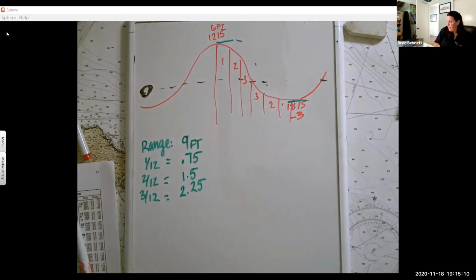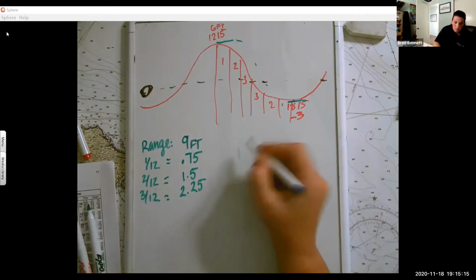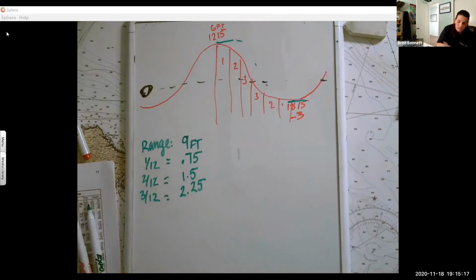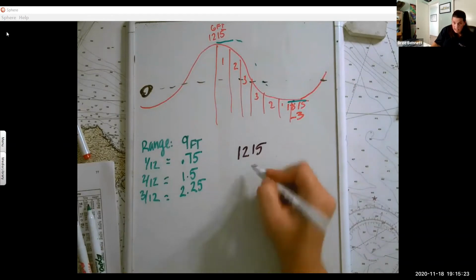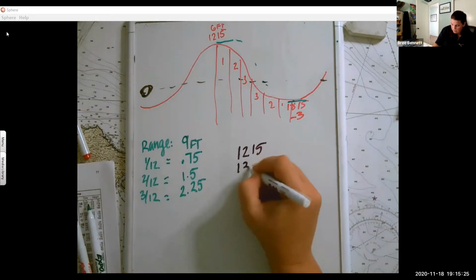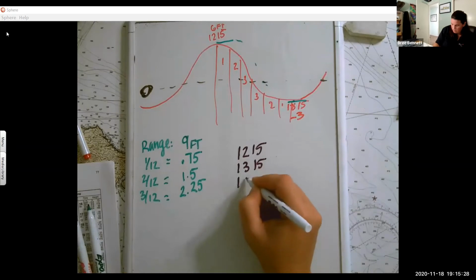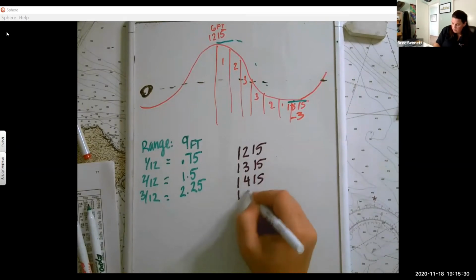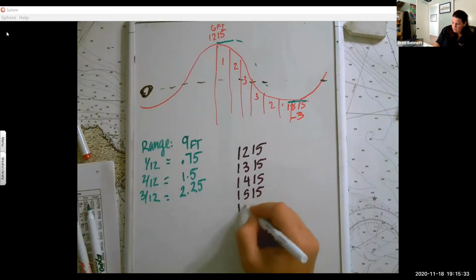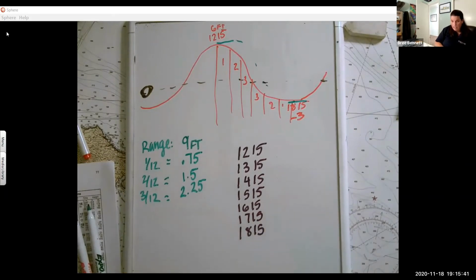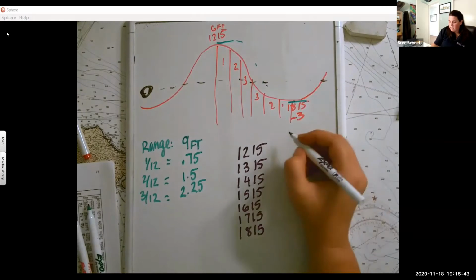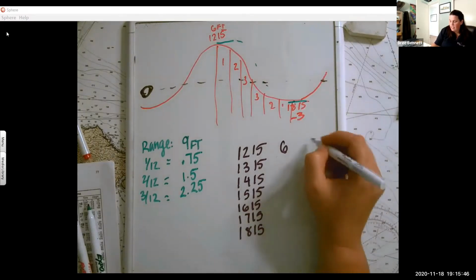If I do this on the hours, 12:15, and then I'll just add an hour. Okay, so I know at 12:15 the tide was 6 feet and it's falling.